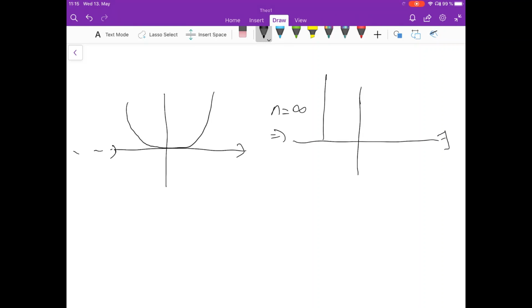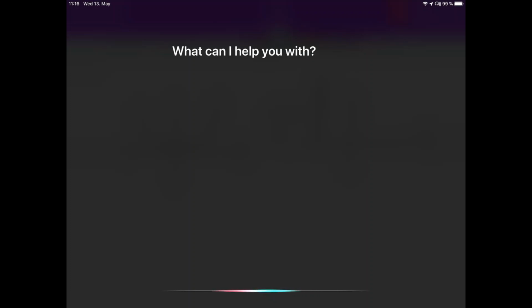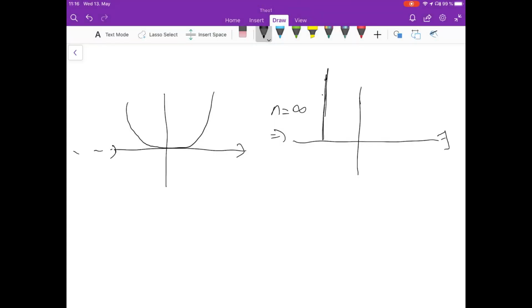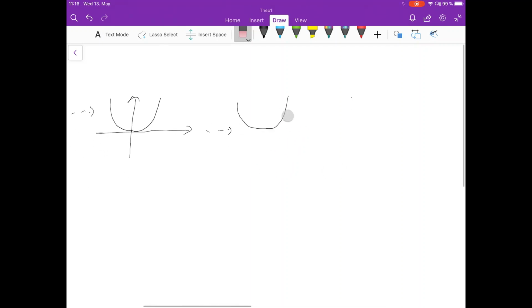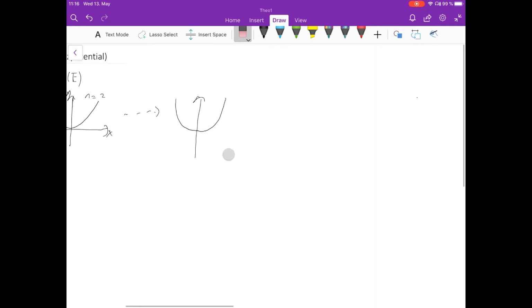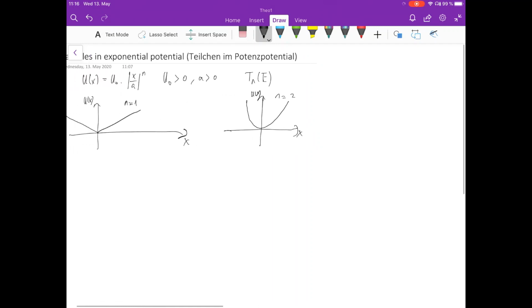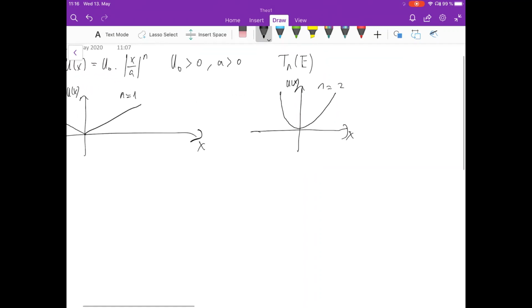It's going to have some border lines which it can't cross, but we're going to look at those later. So let's turn back to our potential and interpret from this interpretation that we have done.